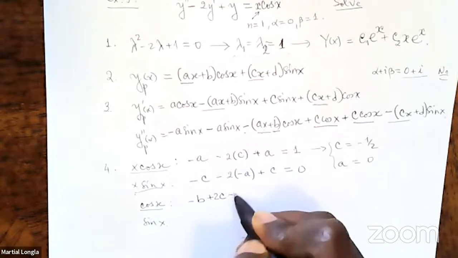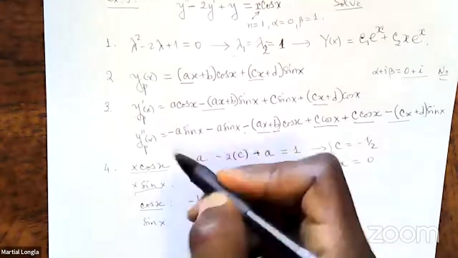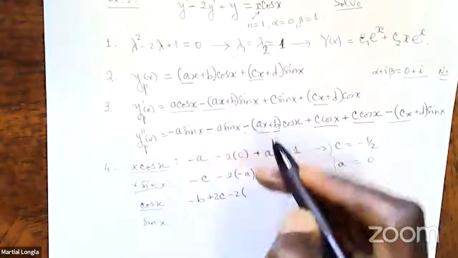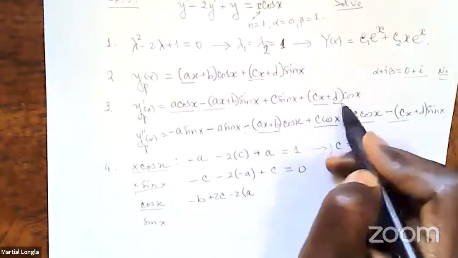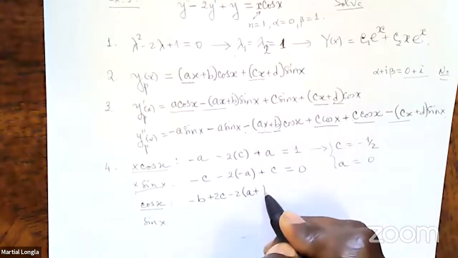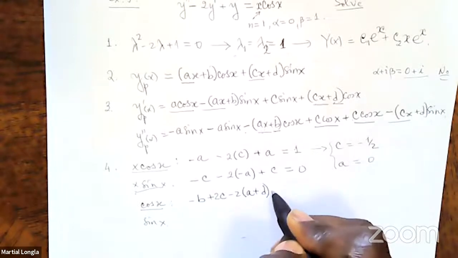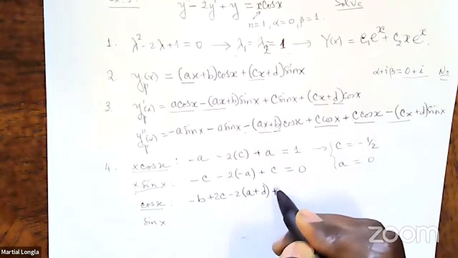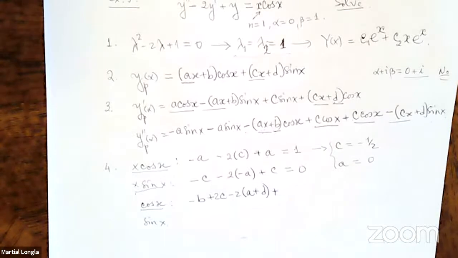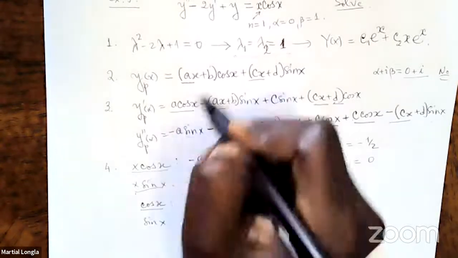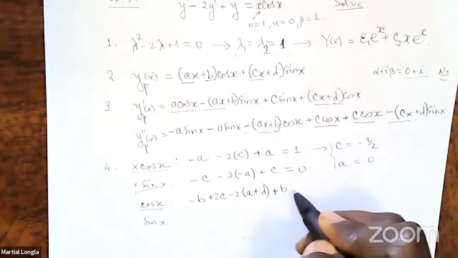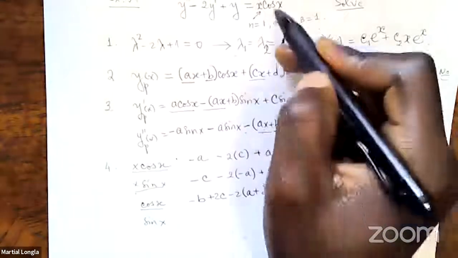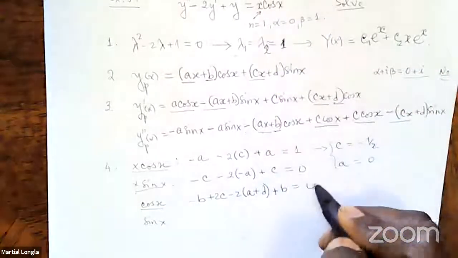Then you go minus 2, you head into the derivative. Cosine, that's a. Another cosine, that's d. Plus you go to the original function, cosine, and that's b. Equals right hand side, cosine is 0.